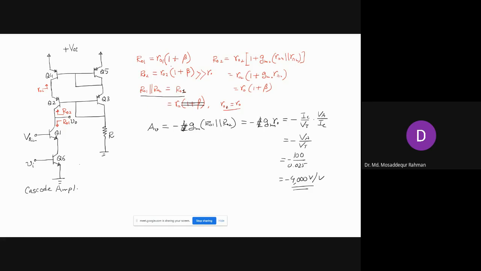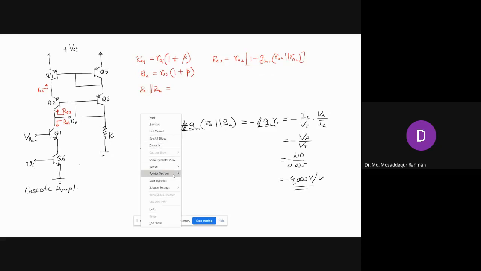And so the parallel combination here is R01 times 1 plus beta, in parallel with R02 times 1 plus beta.